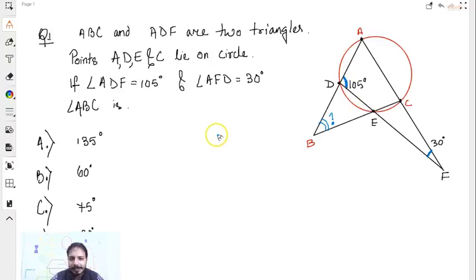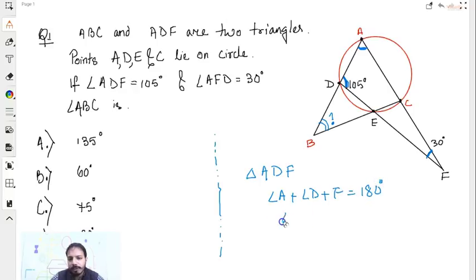So see guys, I'm getting a few answers. Let me give some hint to those who are not solving it. See the triangle ADF. You know this angle, you know this angle, so you can find out this angle. Angle A plus angle D plus angle F is 180.